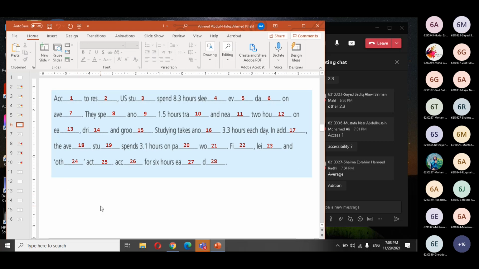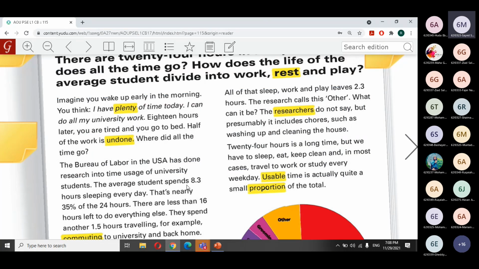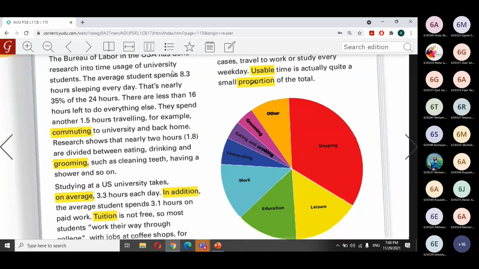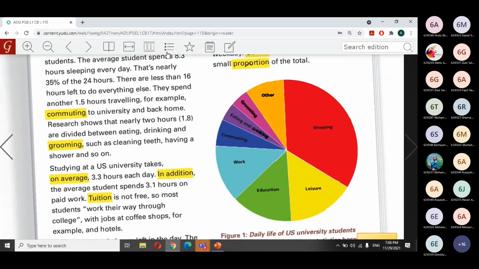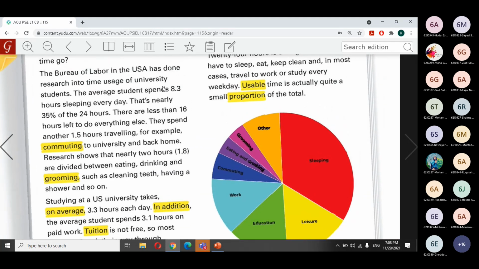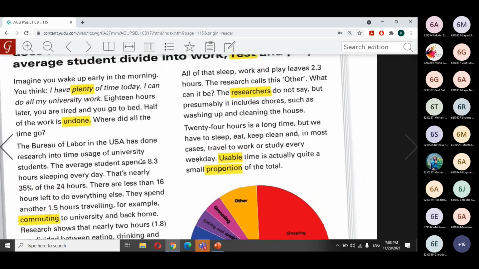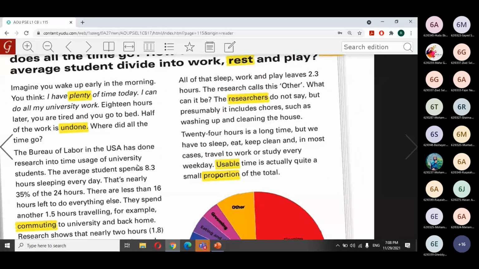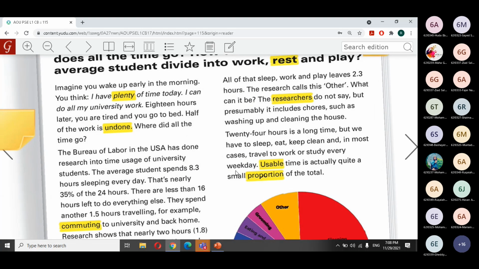I think it's in the text. I know this is not easy. Anyway, actually, no, this is not the word.